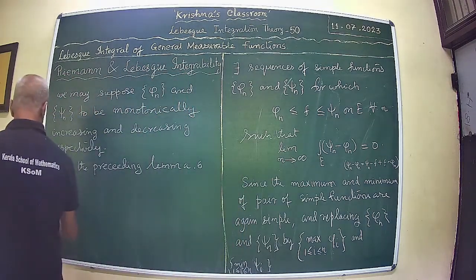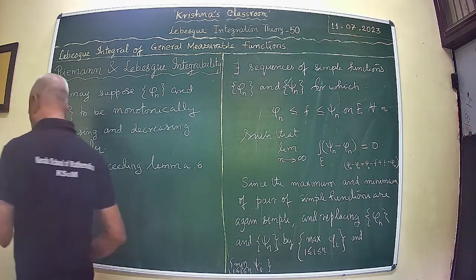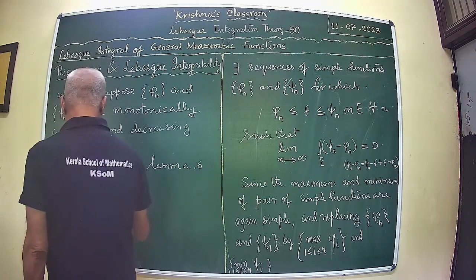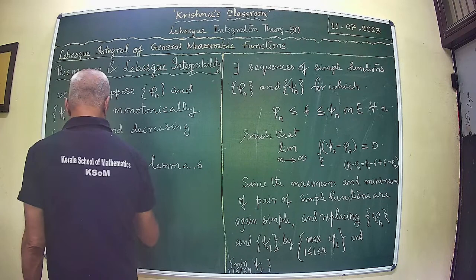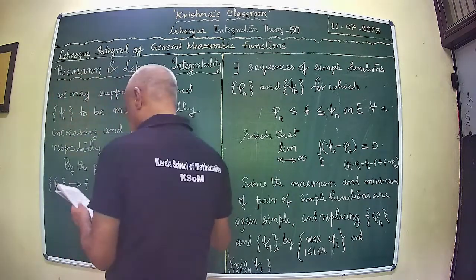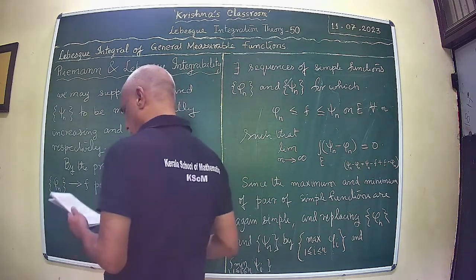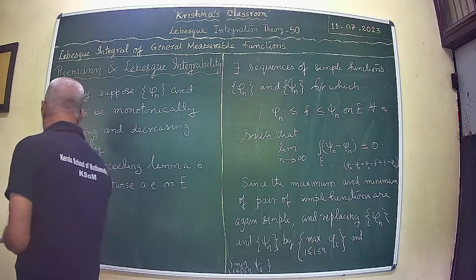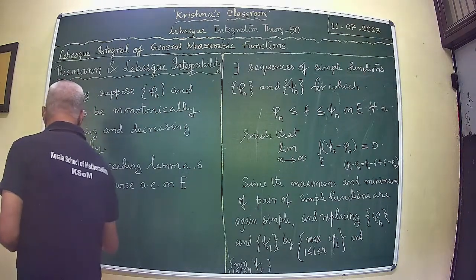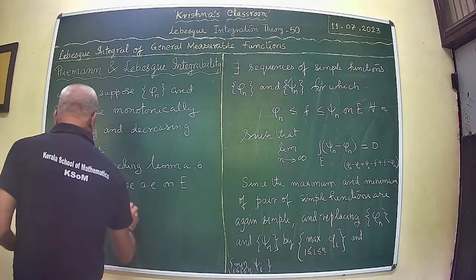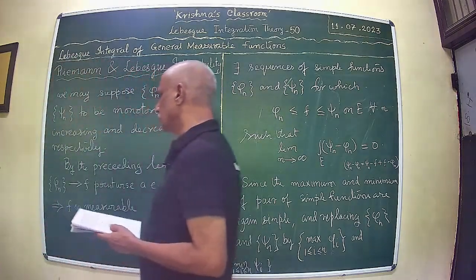We have phi n converging to f pointwise on E, and that implies f is measurable, because all these phi n's are measurable functions.